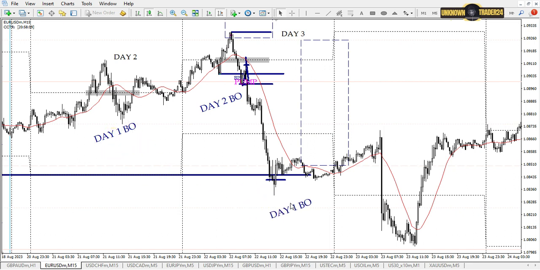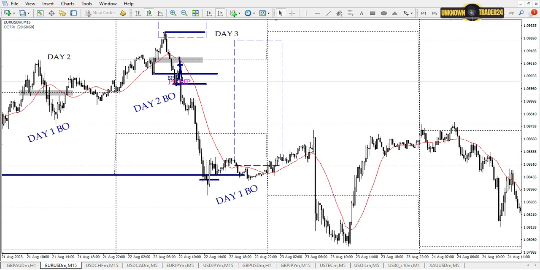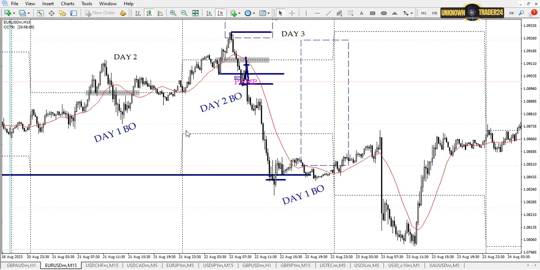And now here we have day 1 breakouts. Okay, I know that most people won't understand this at first, but remember, this is the low of the previous day, and this move goes vertical. What does it do? It breaks the low of the previous day. So yes, now we have a day 1 breakout.